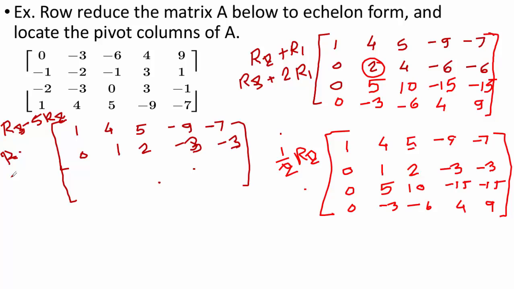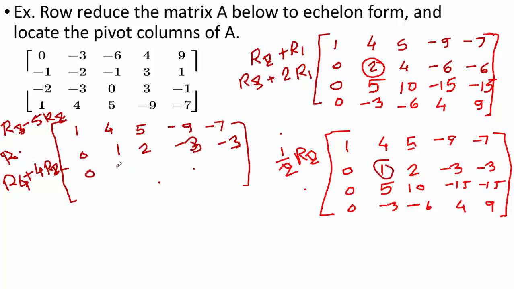And for the fourth row we are adding 3 times R2, R4 plus 3 times R2. We are using this leading one only to make the elements 0.